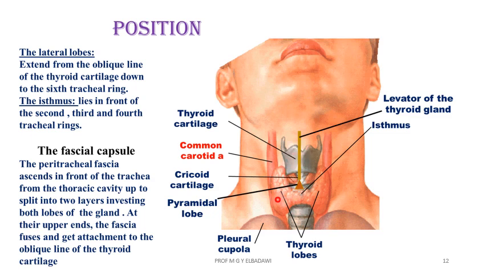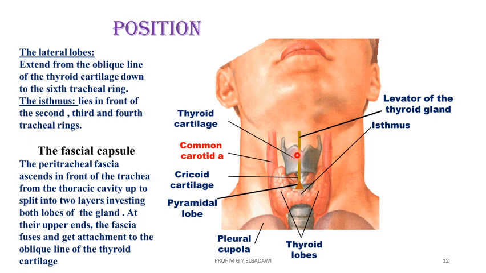That's why the gland will move up and down during swallowing, with the larynx being attached to the thyroid cartilage of the larynx. And by this you can recognize whether a swelling in the neck is thyroid or not, by asking the patient to swallow.